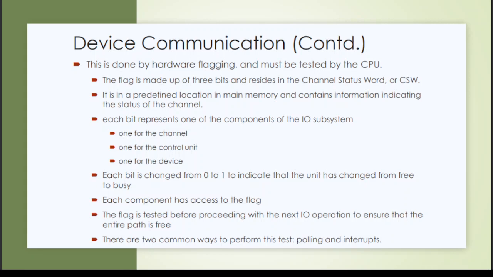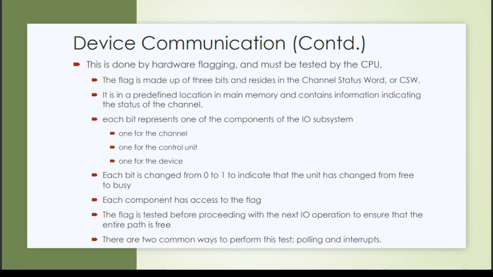Device communication continues. This is done by hardware flagging. We can easily flag for different conditions and check for them by the CPU. The flag is made up of 3 bits and resides in the channel status word, or CSW. Generally, it is a predefined location in memory that contains information indicating the status of the channel.